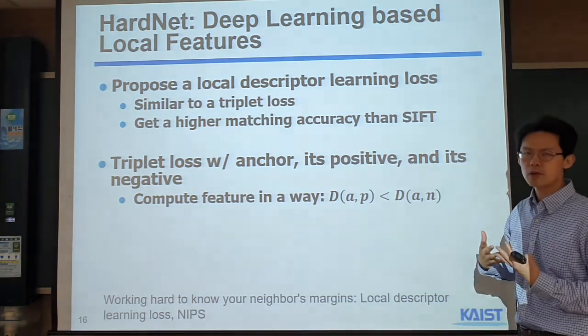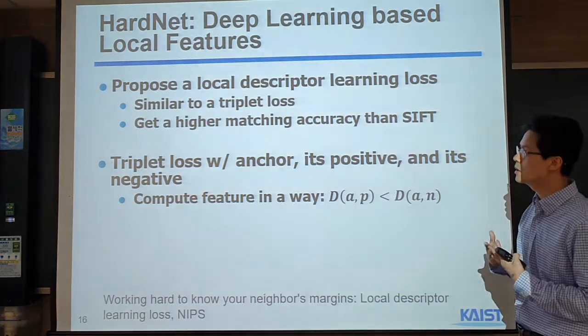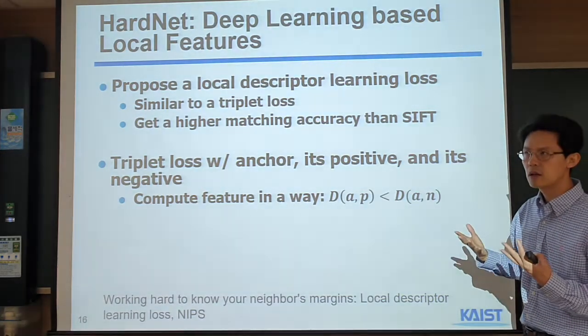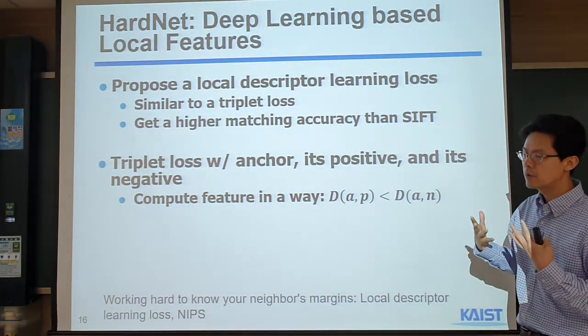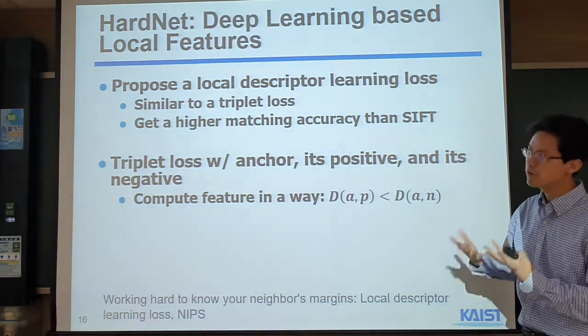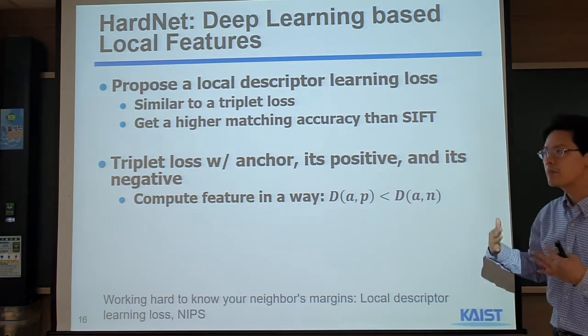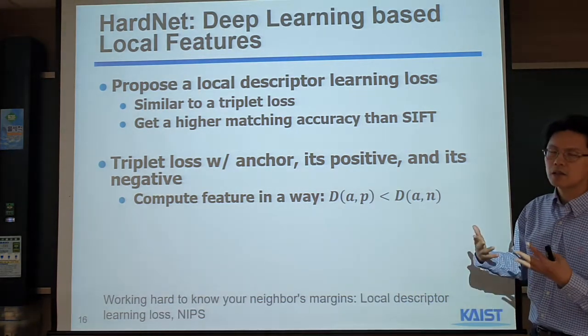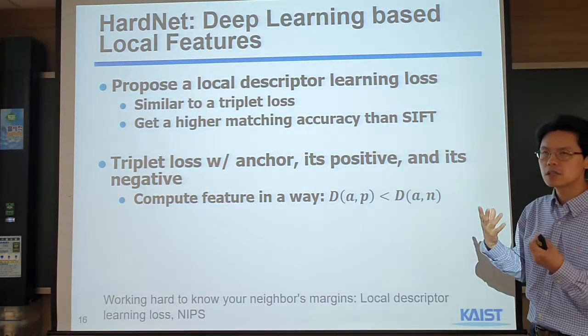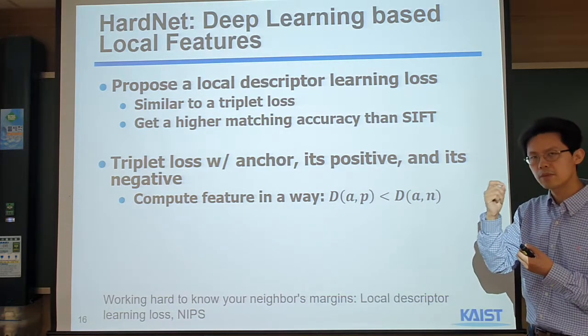So far I talked about CNN features, right? We can use them as a local feature or a global feature. But most of the prior techniques that I mentioned here are in a way global features. They didn't really design a local-specific feature.